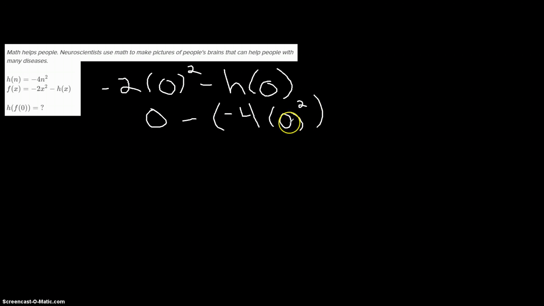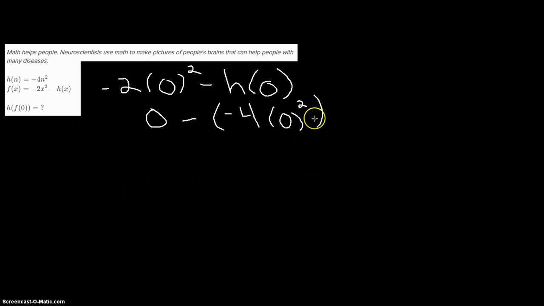And so we know that 0 squared is still 0 times negative 4 is 0. So we get f of 0 as 0. Okay, so now we have f of 0 equals 0.